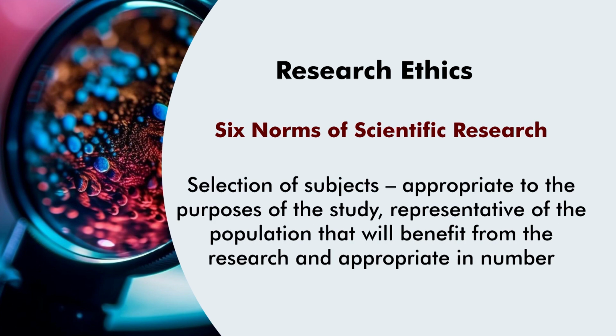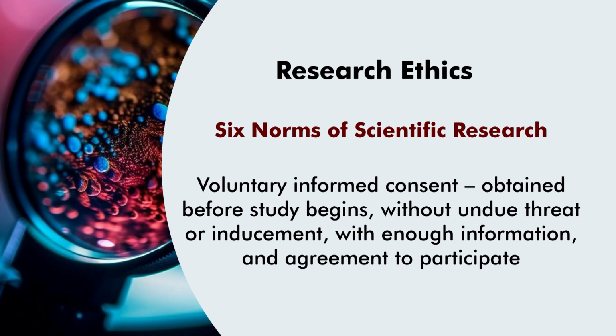Selection of subjects: appropriate for the purpose of the study, representative of the population that will benefit from the research, and in adequate numbers. Voluntary informed consent: obtained before the study begins without undue threats or inducements, with sufficient information and consent to participate.